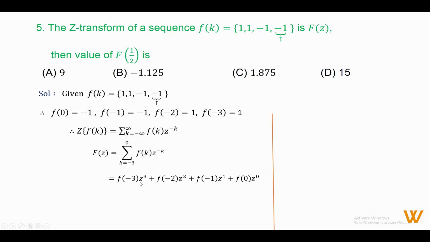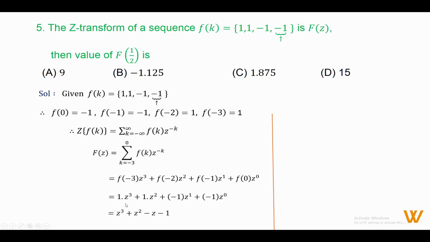Now here put the value of f of minus 3 is plus 1, so is equal to 1 into z cube, plus put the value of f of minus 2 is plus 1 into z square, plus put the value of f of minus 1 is minus 1 z raised to 1, plus put the value of f of 0 is minus 1 z raised to 0.